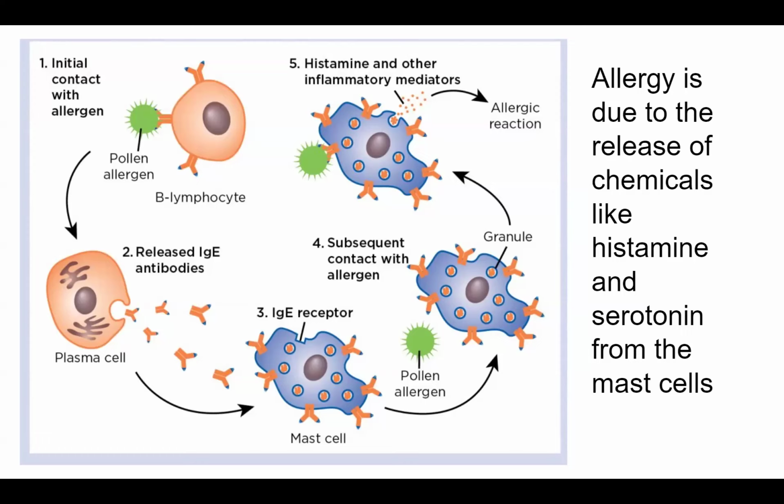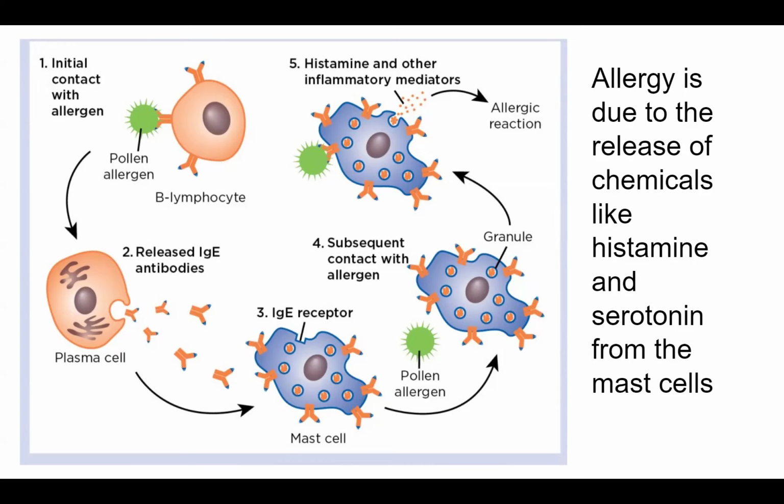Once it is sitting with the B lymphocytes, then what did I tell you will happen? It will release IgE antibodies, right? Just some time ago I told you, it will release IgE antibodies. Now, these IgE antibodies will come and sit on the receptors of the mast cell.